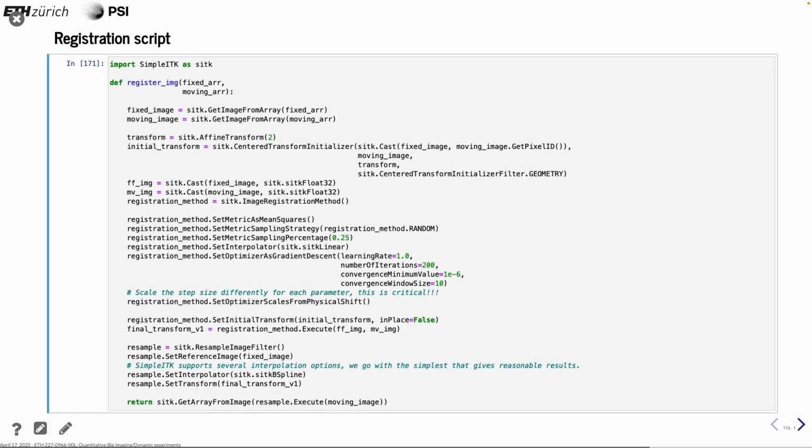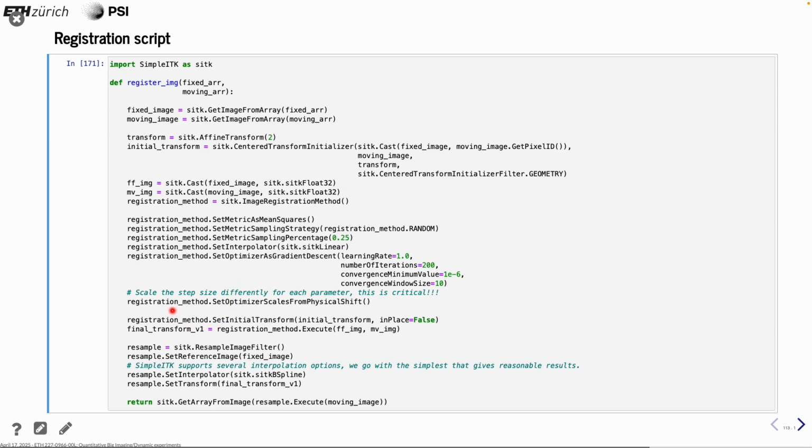If you want to implement it in ITK, this would be the code. So we have the register image function, where you have to convert your images into the ITK format. Then you initialize some transform, do some casting, and set a lot of parameters for the registration.